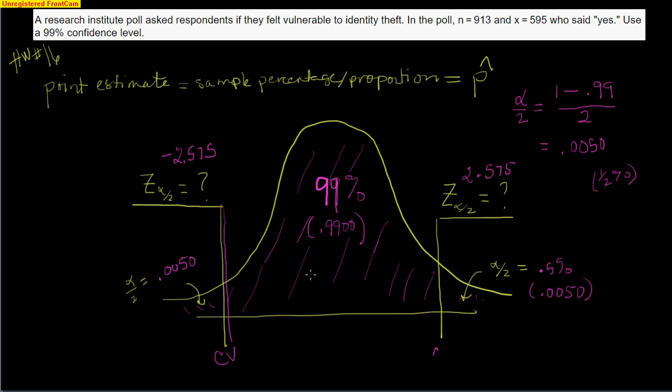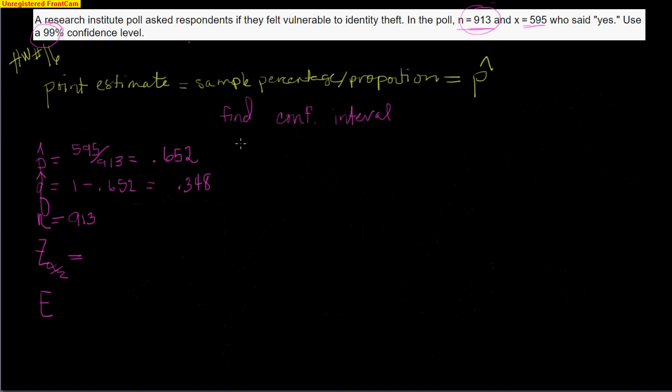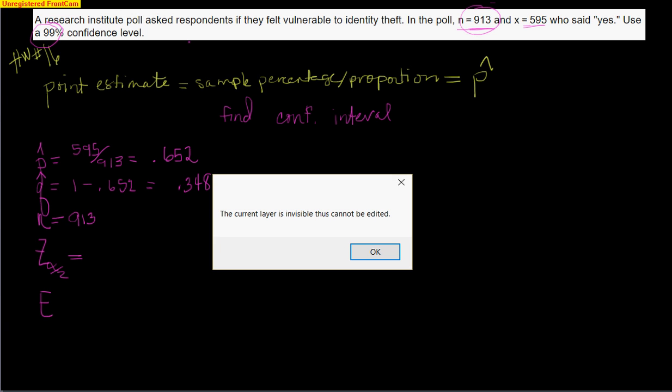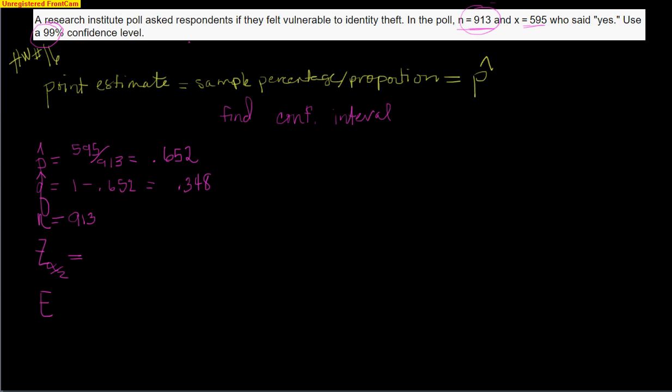Here's the critical value and the critical value. This is the one we're interested in for our problem. Let's go back to the original problem. Writing this in here, the critical value we now know to be 2.575.